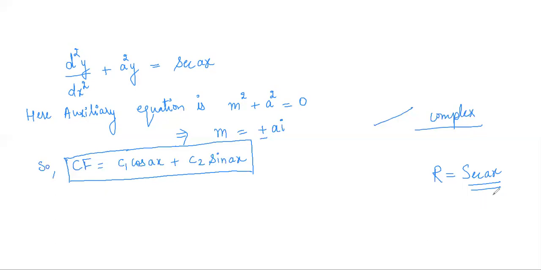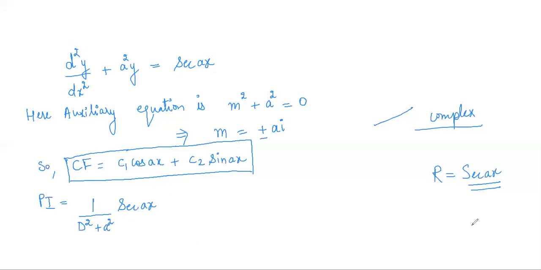It means the rules which we have discussed so far can't be applied for this particular r. So we will try the general rule for finding the particular integral. Particular integral is 1 upon f(D), where f(D) is D square plus a square, operated on r, which is secant ax.